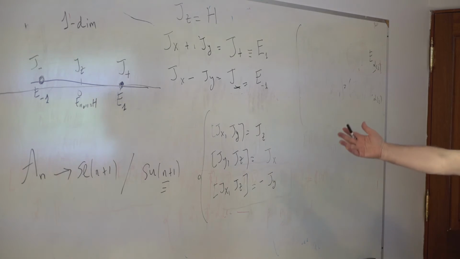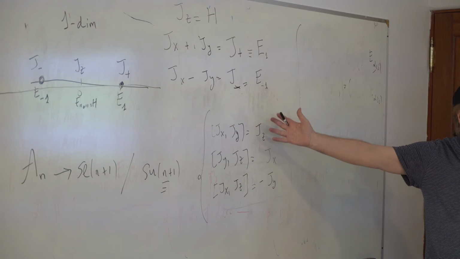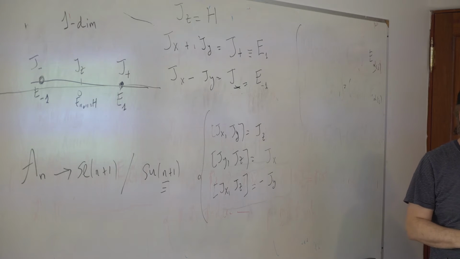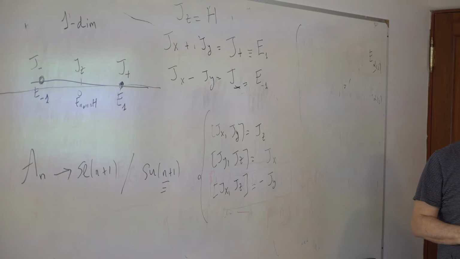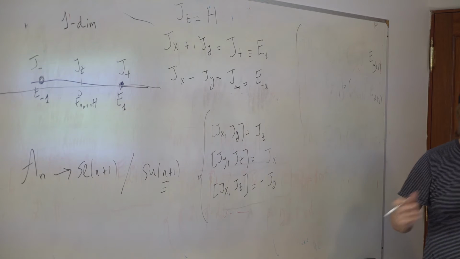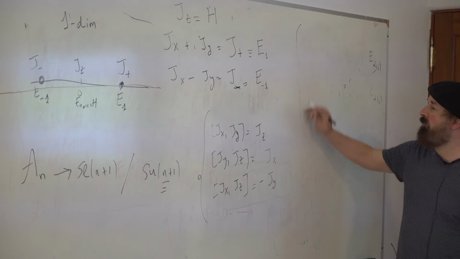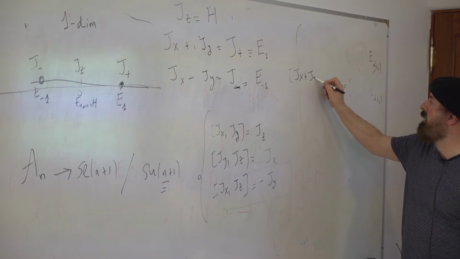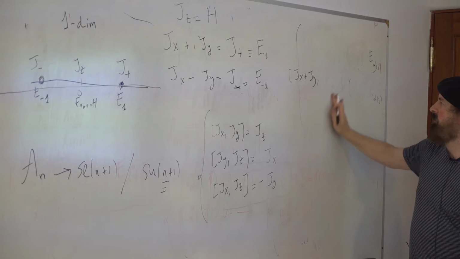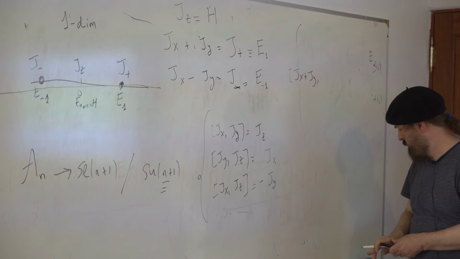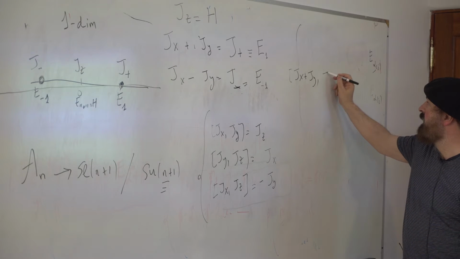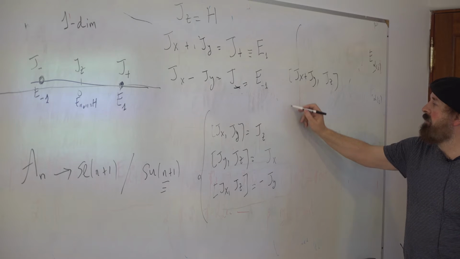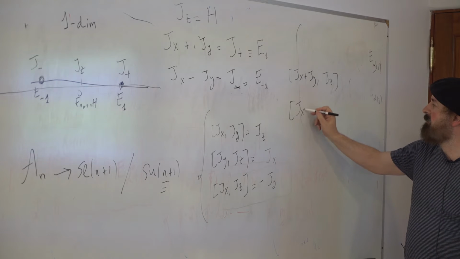Now, what did Cartan do? Cartan did not like this representation of the commutators. He was very clever, and he said, let's rewrite this commutation relationship in terms of Jx plus Jy, Jz, and Jx minus Jy.